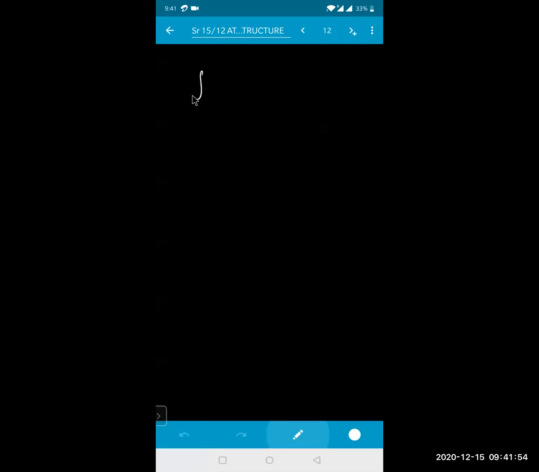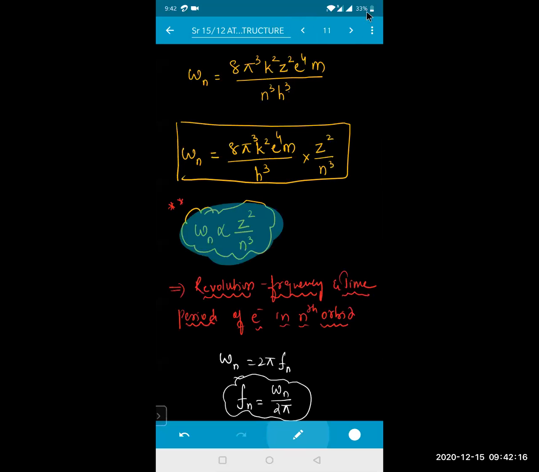So frequency of the nth orbit will be equal to 8 pi cube k square e to the power of 4 into m divided by h cube into z square divided by n cube, divided by 2 pi. Right, divided by 2 pi.